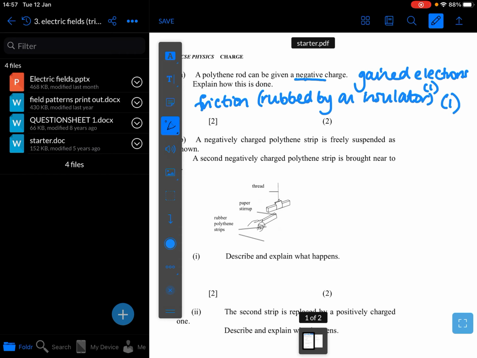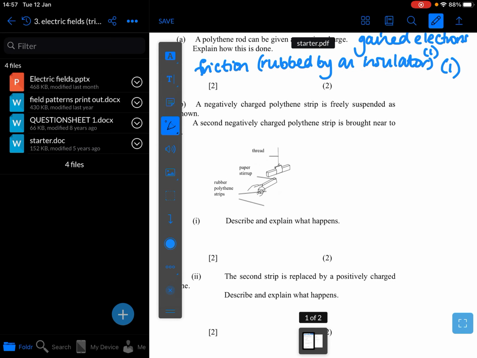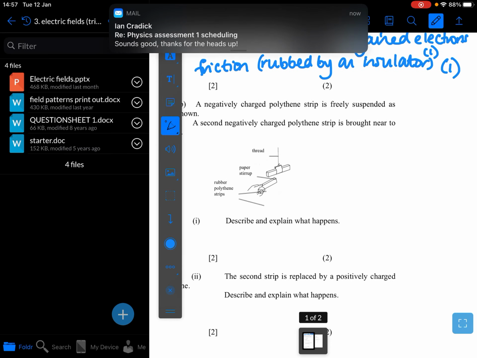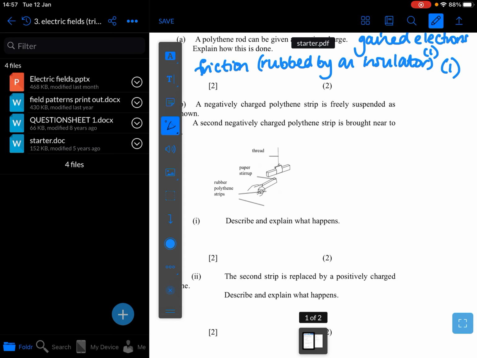Cats are very fussy. B, so a negatively charged polythene strip is freely suspended, as shown. A second negatively charged polythene strip is brought near to it. Describe and explain what happens. So, first mark is for saying they repel each other.